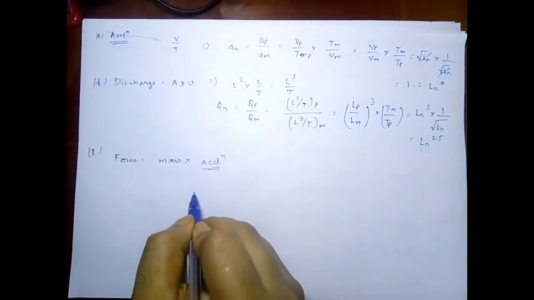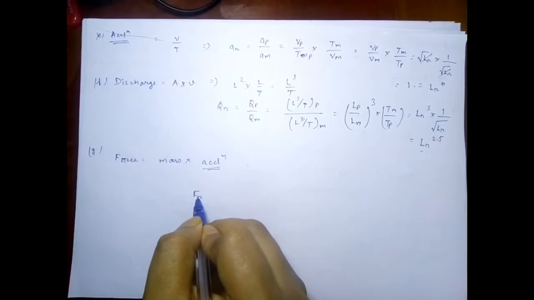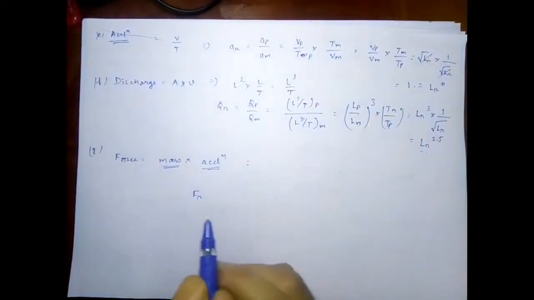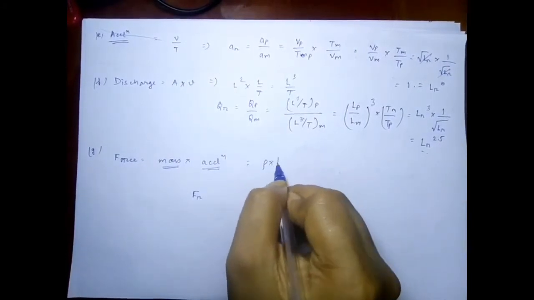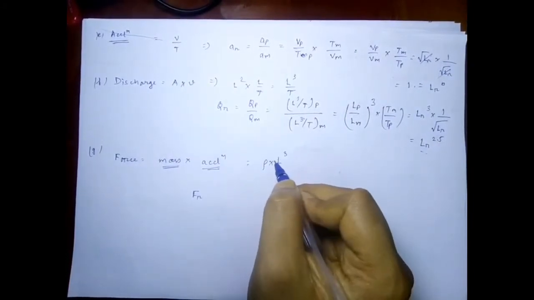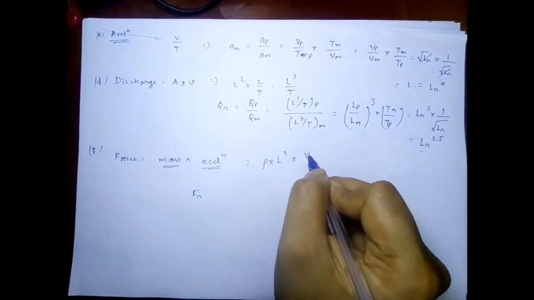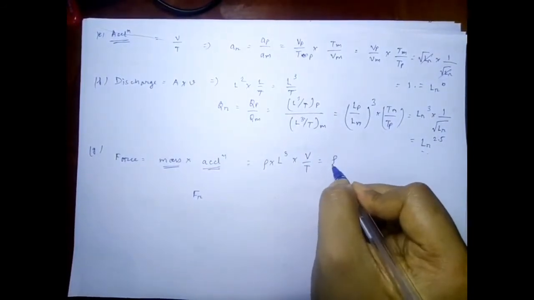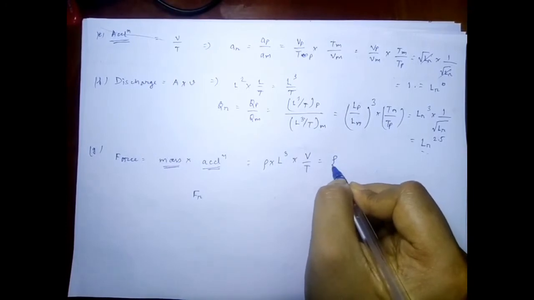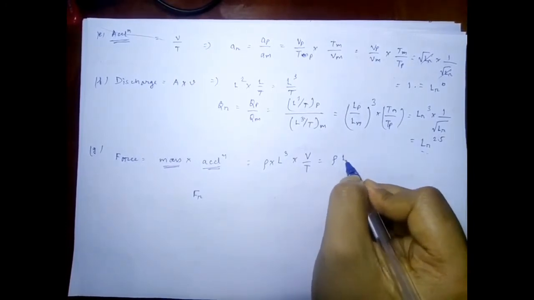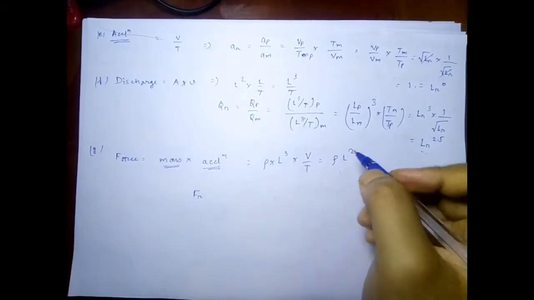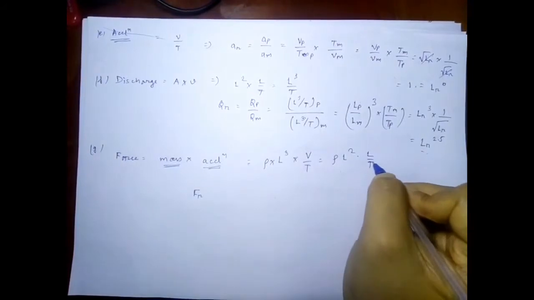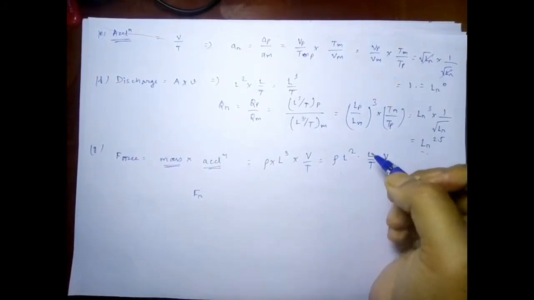So we can write it as mass, which is density into volume, that is rho multiplied by L cube, and acceleration is velocity by time, so you can write it as rho L square multiplied by L upon T times V, right?